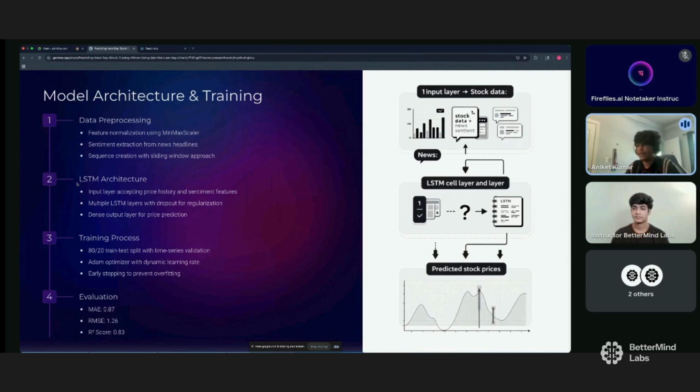So it's remembering and determining an output for the price prediction. Then there's the training process. It uses an 80-20 train-test split and time series validation, an Adam optimizer with dynamic learning rate, and early stopping to prevent overfitting. And lastly, there's evaluation. This is the actual function and the math of the AI.